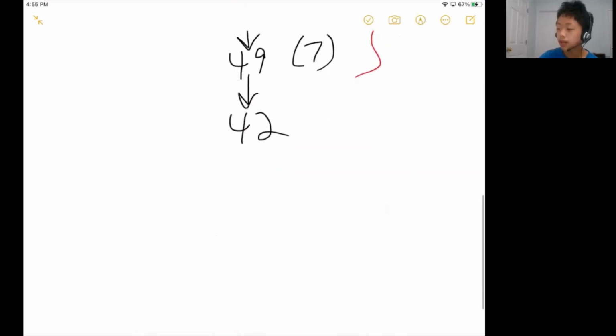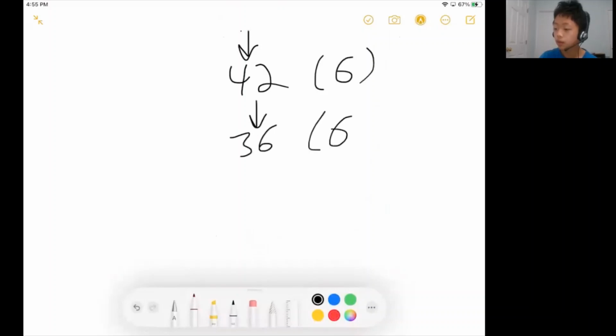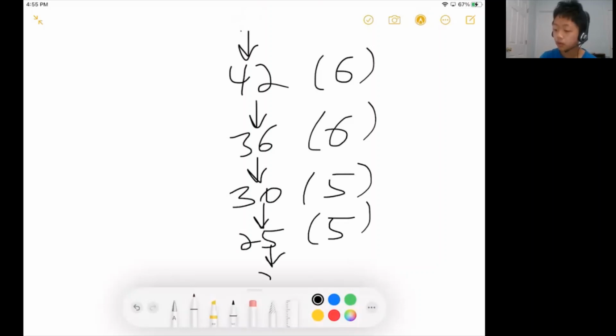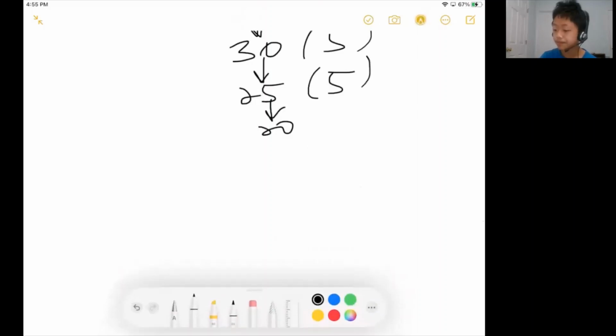If we continue this process, we remove 6 tiles, so that goes to 36. We remove 6 tiles, it goes to 30. We remove 5 tiles, it goes to 25. We remove 5 tiles, that goes to 20. Then we remove 4 tiles, which goes to 16.